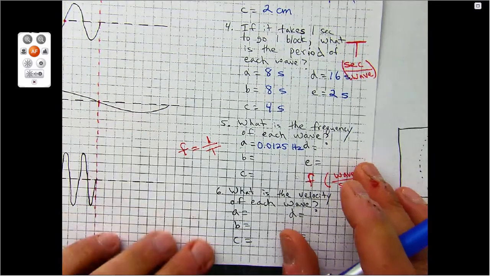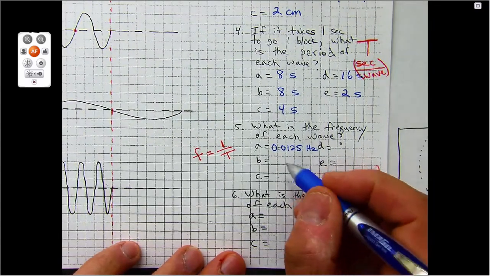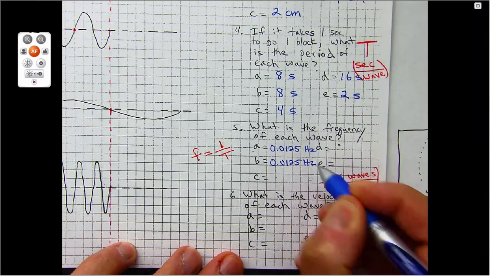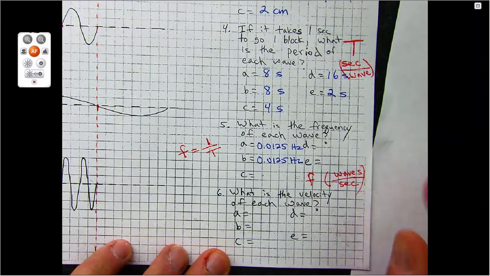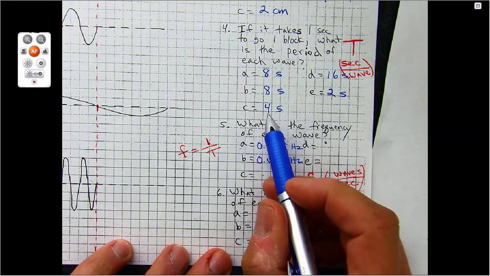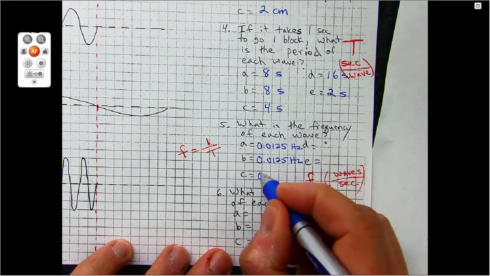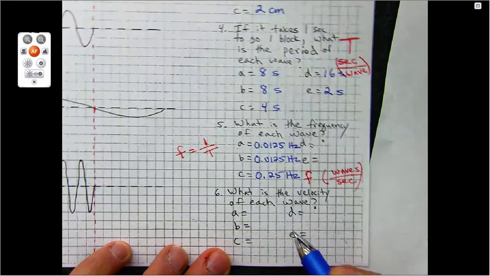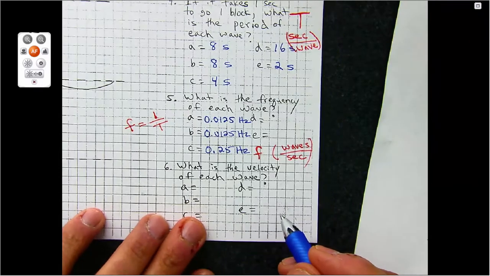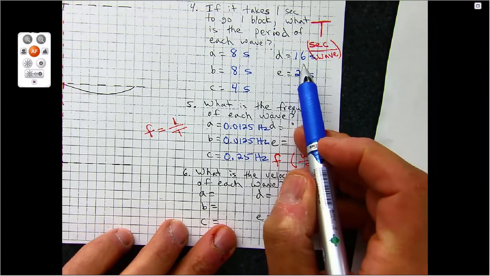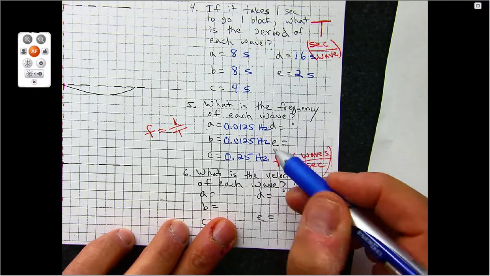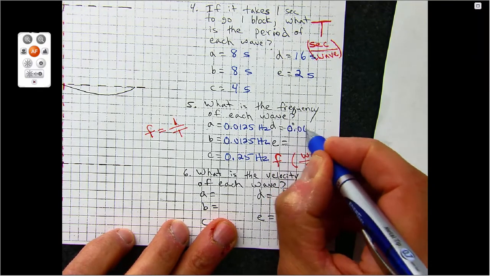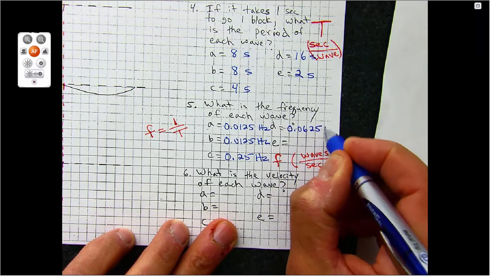Then we are going to have 0.0125 hertz again. 1/4 here, 0.25 hertz. 1 over 16 here, 1 over 16. 0.0625 hertz.